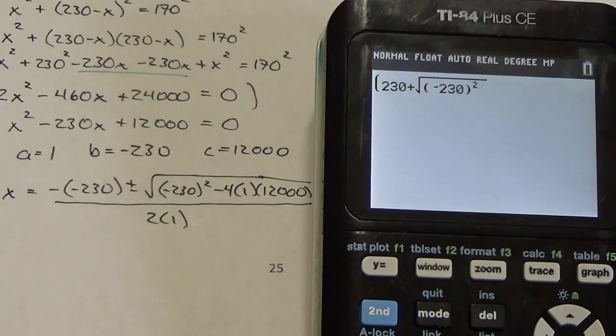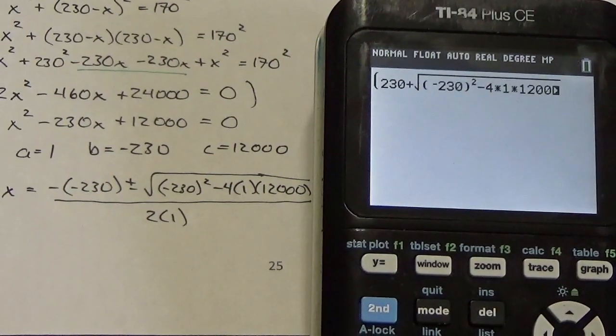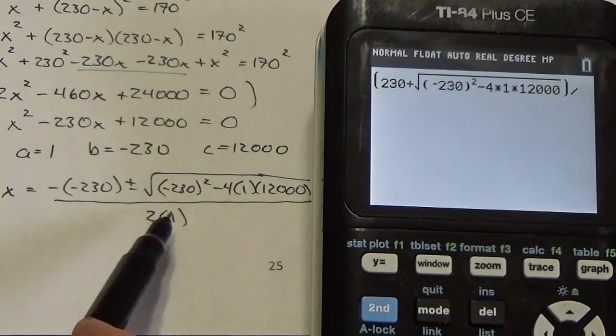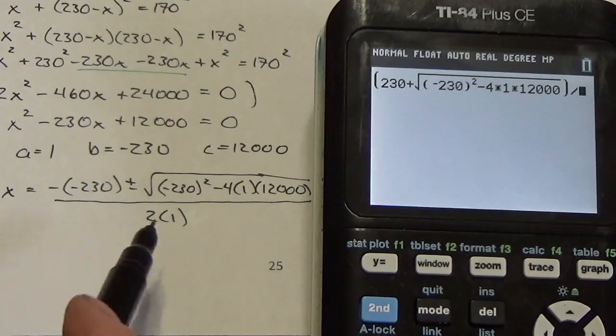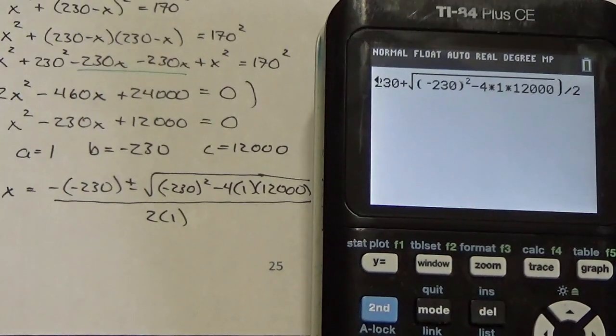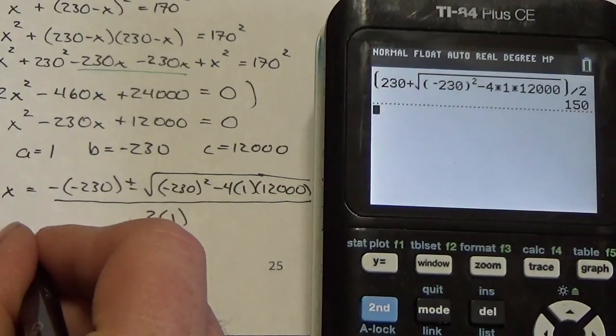So negative 230 squared minus 4 times A times C, my 12,000. I got to get out from underneath the square root there, close my parentheses, divided by... Now in this case, I could put the denominator in brackets, but I'm just getting 2 times 1. I already know that's only going to be the number 2, so I'm not even going to bother.